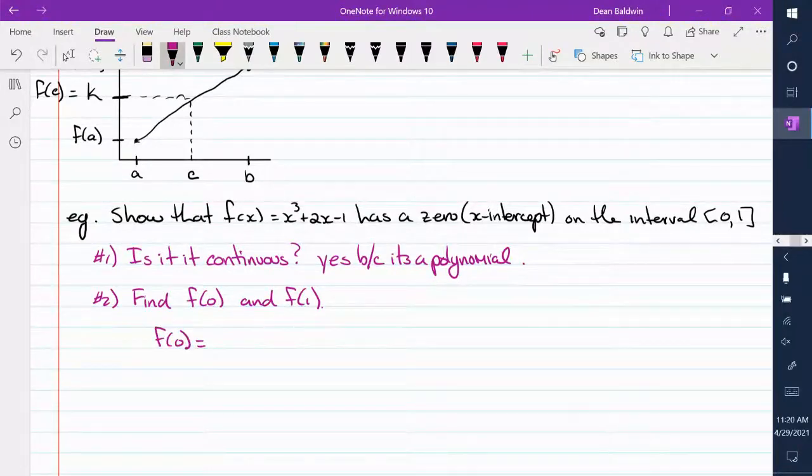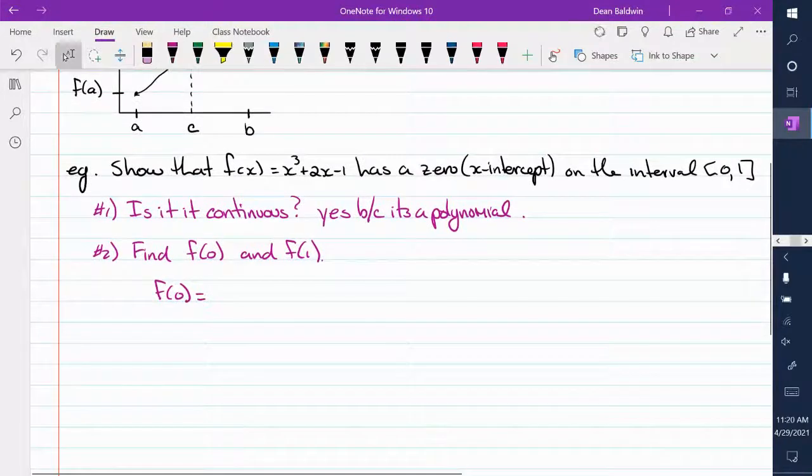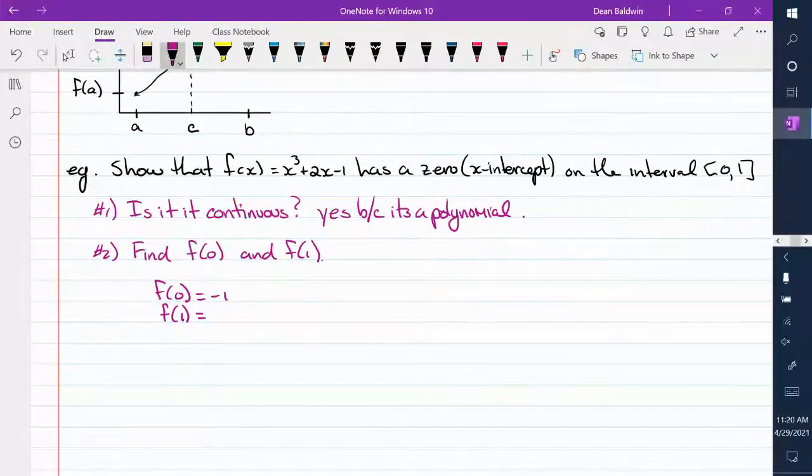What's f of 0? Minus 1. Everything disappears with an x. You're left with minus 1. F of 1 is 2. You put 1 in there, you'll get 2.